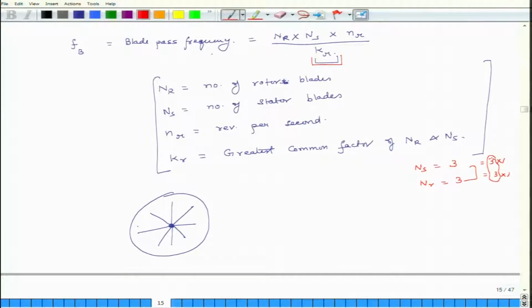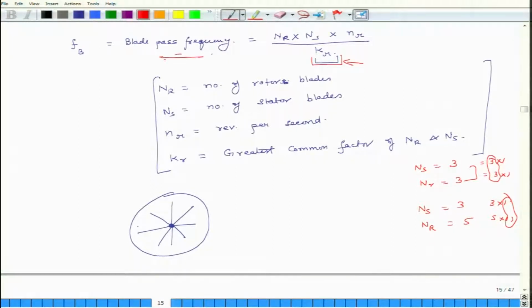But in the second case, let us say NS is equal to 3 and NR is equal to 5. Then 3 times 1 and 5 times 1. What is the greatest common factor? 1. So in that case Kr would be 1. That is the reason why we divide it by Kr.